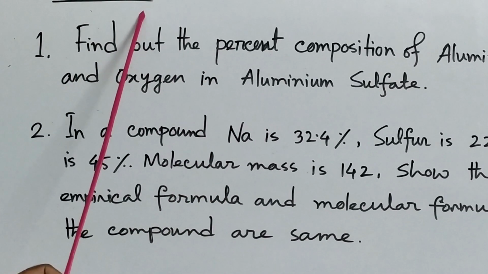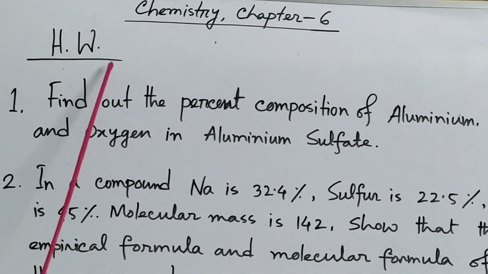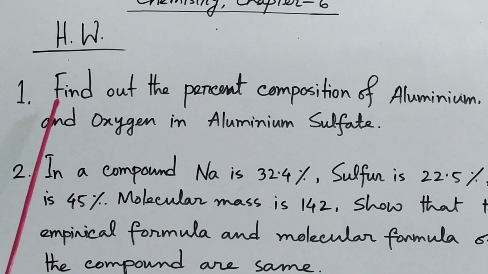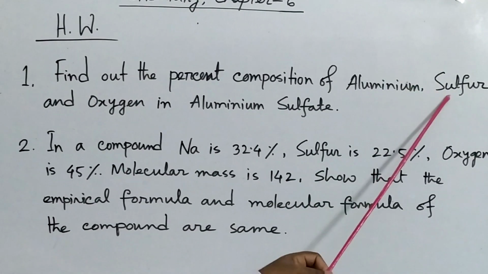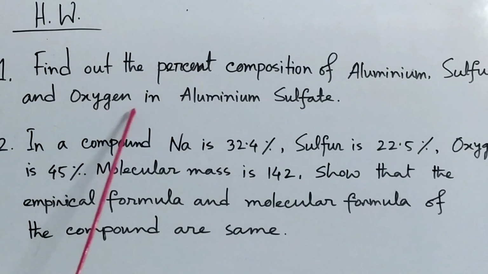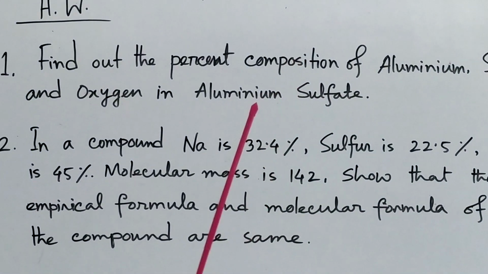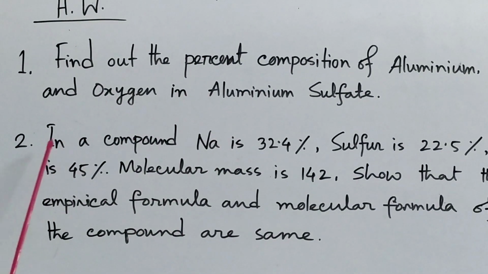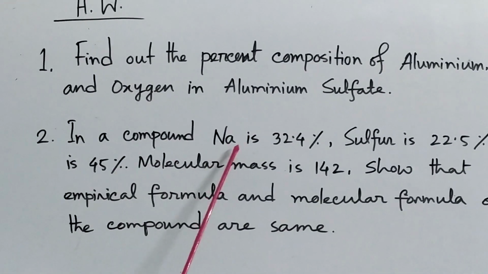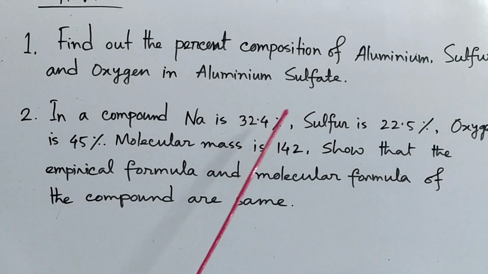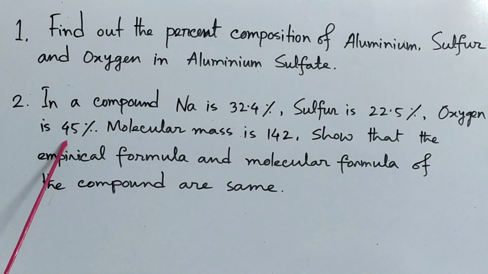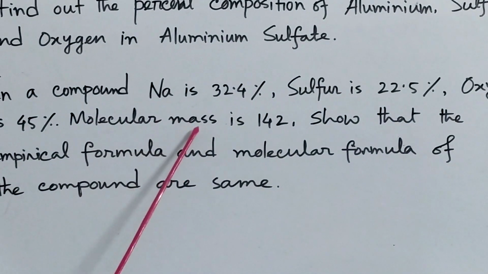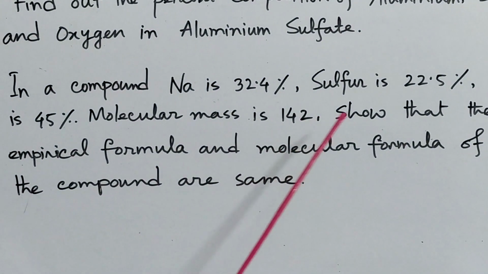Now homework. All of you see the board. I have given homework. First one is to find out the percent composition of aluminum, sulfur and oxygen in aluminum sulfate. Second one: in a compound sodium is 32.4%, sulfur is 22.5%, oxygen is 45%, and the molecular mass of the compound is 142.